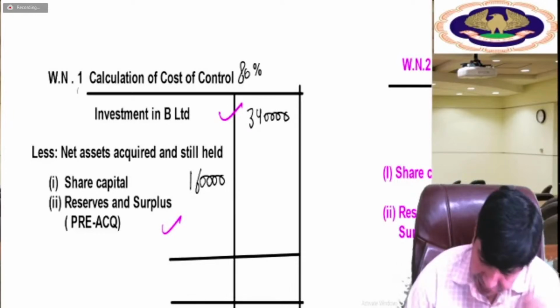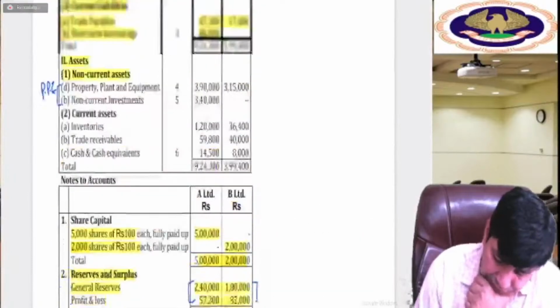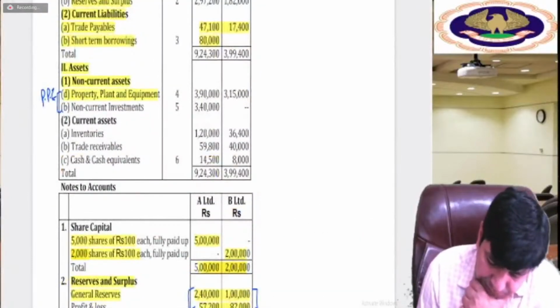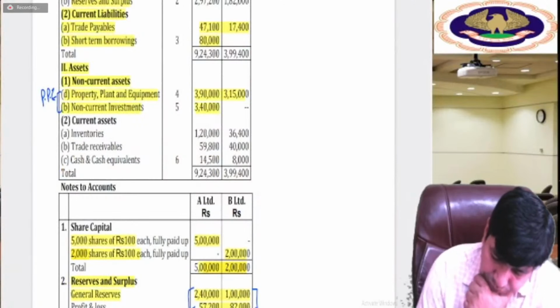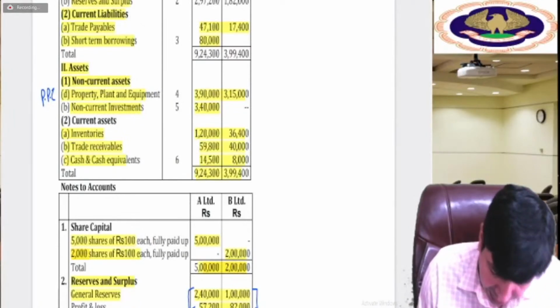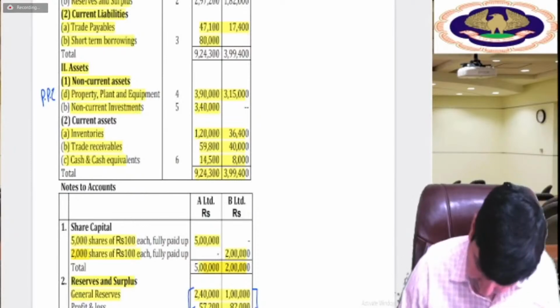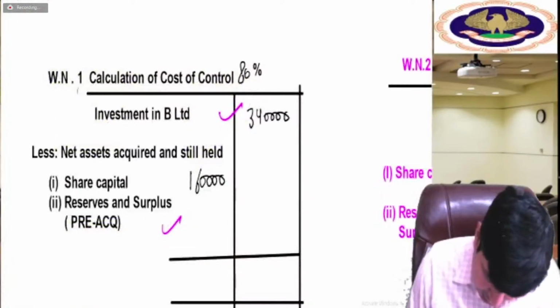Now, after that, we are moving to the next part of the question. We have completed this part and this part also. Now moving to the current assets part: inventories of both will be clubbed, trade receivable of both will be clubbed, and cash equivalent of both will be clubbed. Then we shall be able to complete the notes to accounts. Let's do it in the notes to accounts.